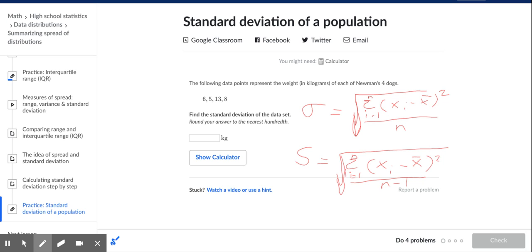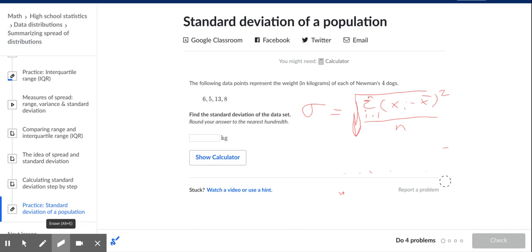So this minus 1 means that our standard deviation is going to be a little bit bigger, right? Because we're dividing by a smaller number, and that's basically taking uncertainty into account. Say, okay, I'm actually going to make sure that my standard deviation is a little bit bigger than I think it's going to be because I have this level of uncertainty. And that's basically the difference. That is the only difference between these two. So I'm going to go ahead and erase this one, and we're going to talk about the pieces of this one.